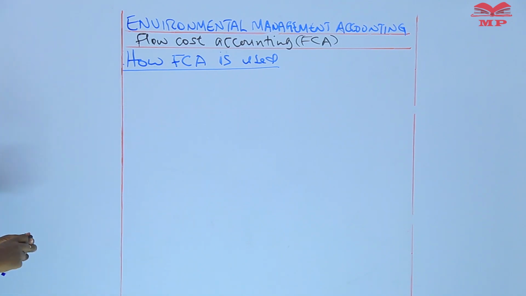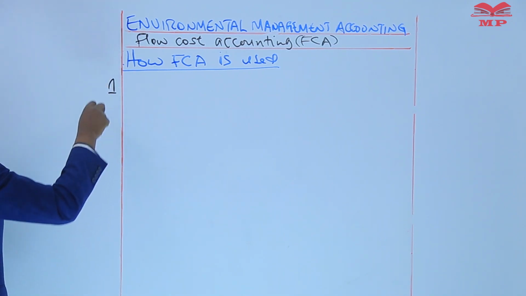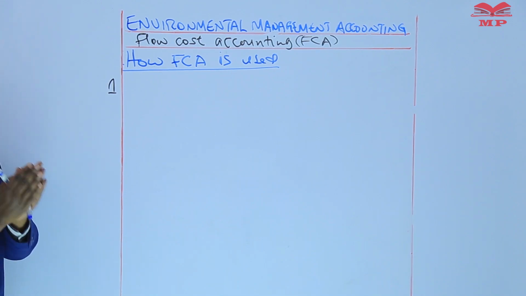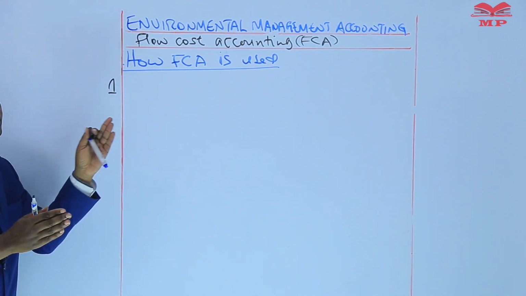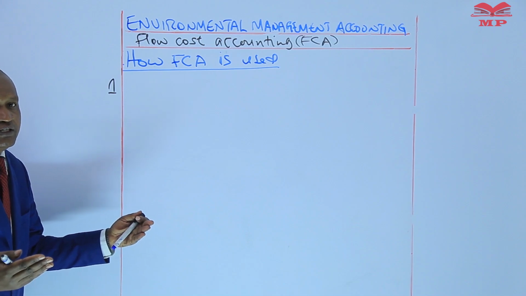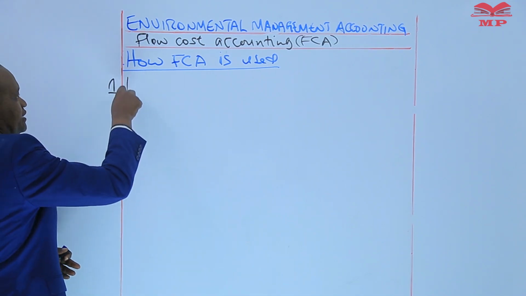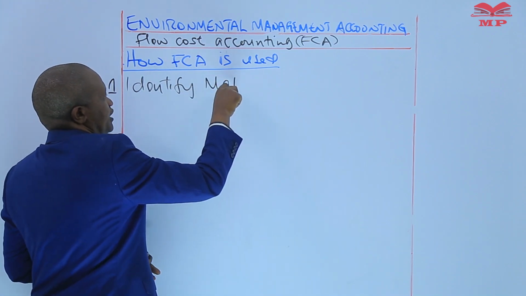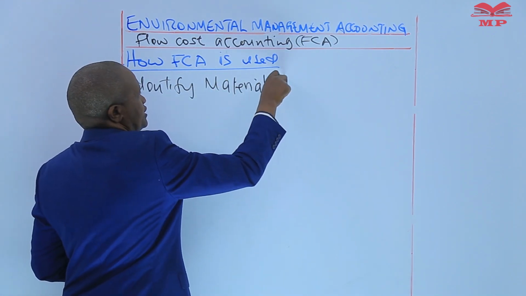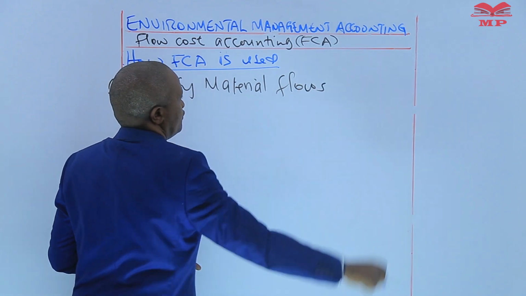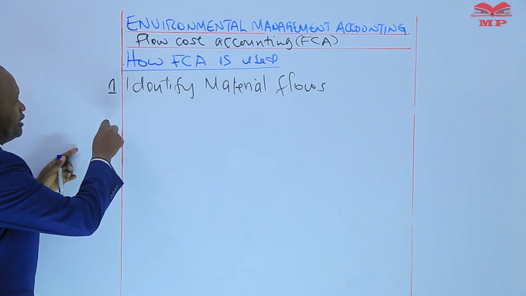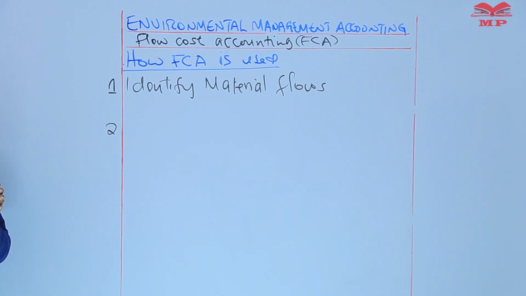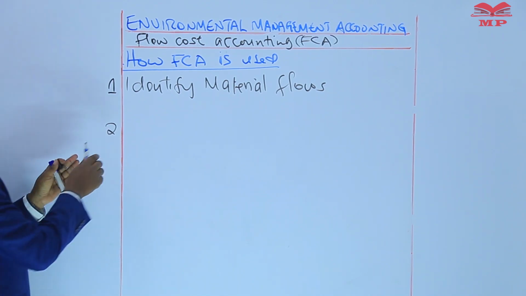Step number 1, I've said, is to do what? Identify, just like in the inflow-outflow, identify material flows. Number 2 is to quantify material flows.